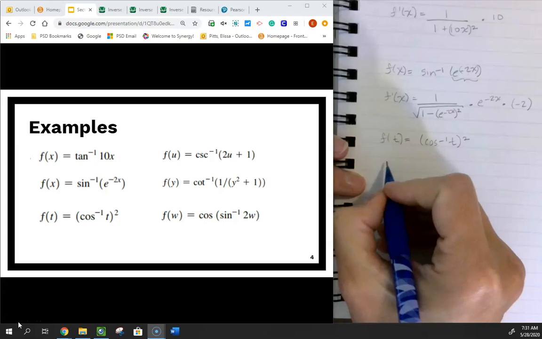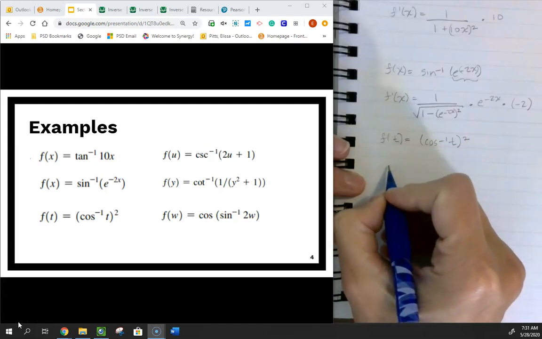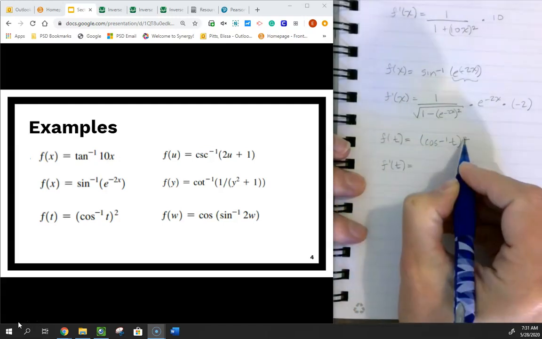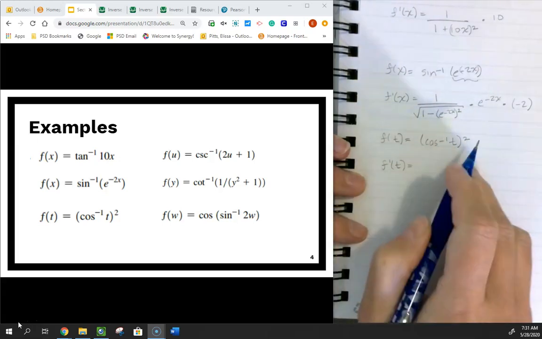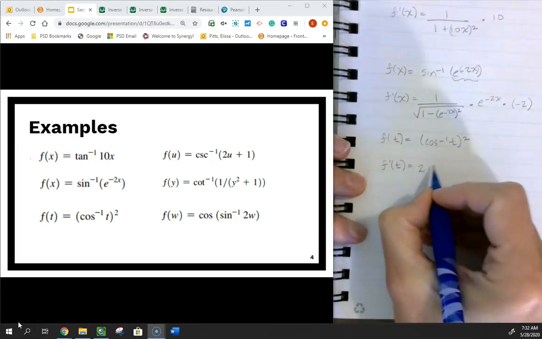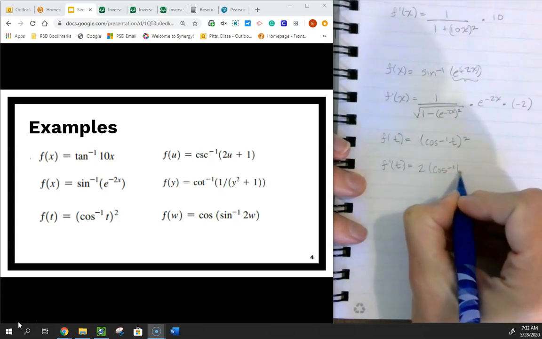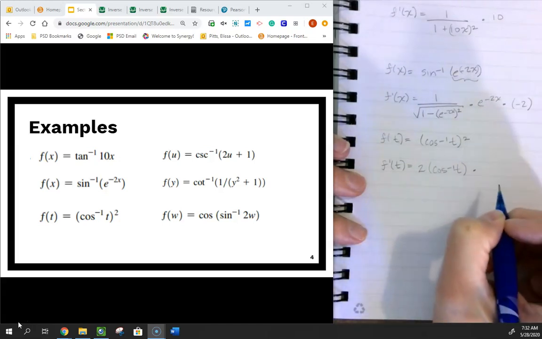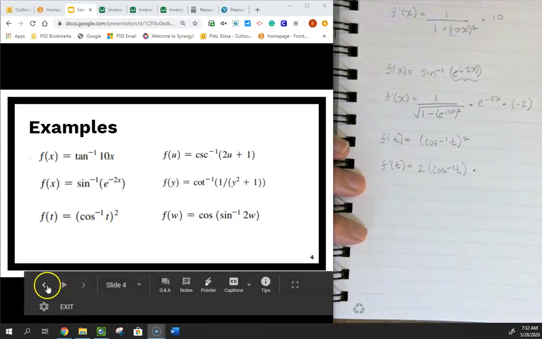Next example, f of t equals the inverse cosine of t, that quantity squared. So f prime of t. This time we're going to use the chain rule. The outside function is the squared, so I'm going to bring the 2 down in front, and I'm going to get 2 times the inverse cosine of t, and then I need to multiply times the derivative of the inverse cosine of t.